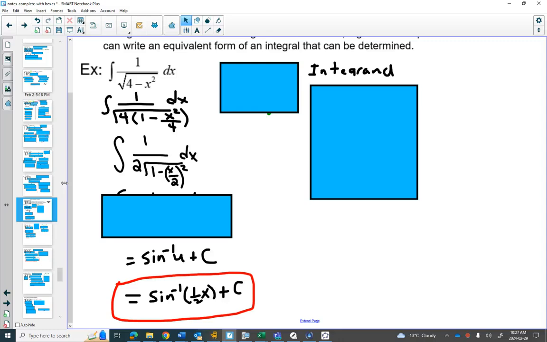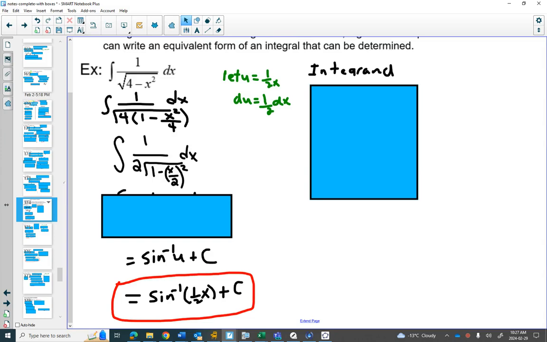I find with sine inverse, cos inverse, tan inverse, even though this is a nice format one, where it's just a simple chain rule, somehow with the inverse ones, simple chain rules are never just simple. So you might, even though it's a simple chain rule, want to use substitution.